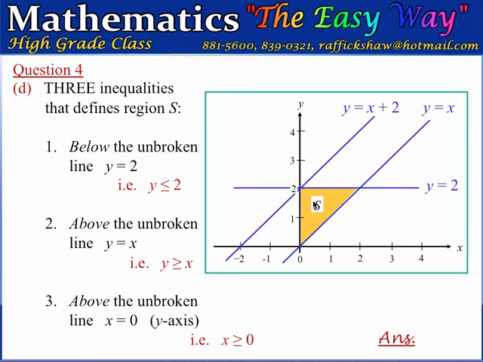And the shaded region S is also such that x is greater than or equal to 0 because the shaded region S is to the right of the y-axis where x values are greater than 0, and at points on the y-axis x will be equal to 0. And so that's the answer for part D of this question.